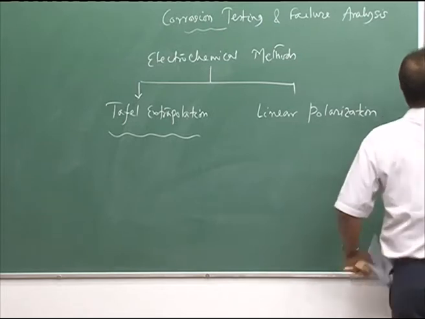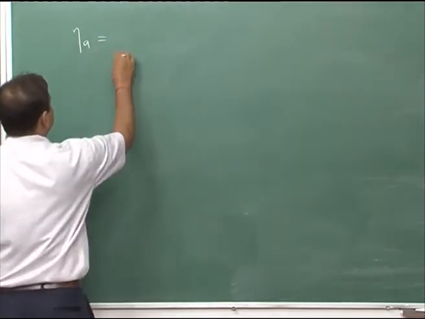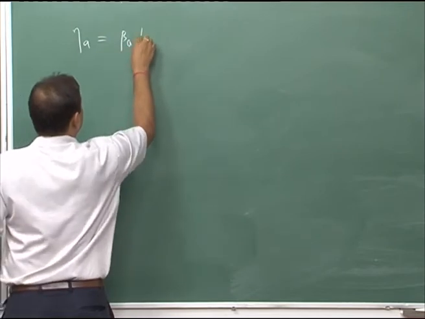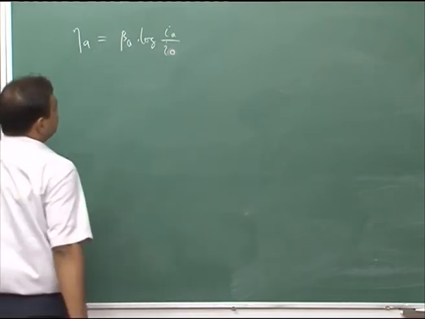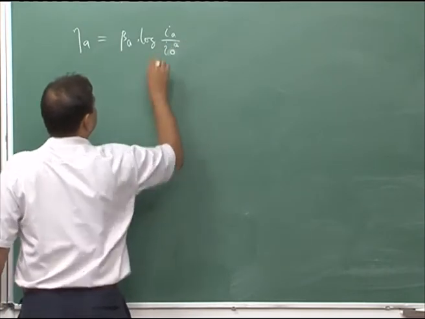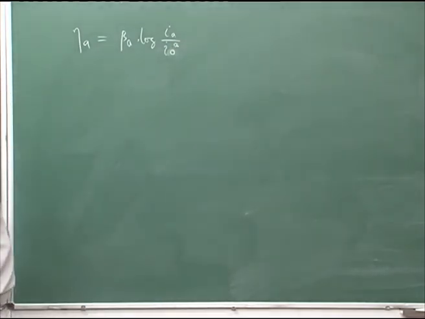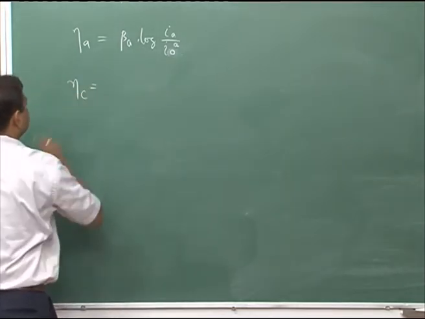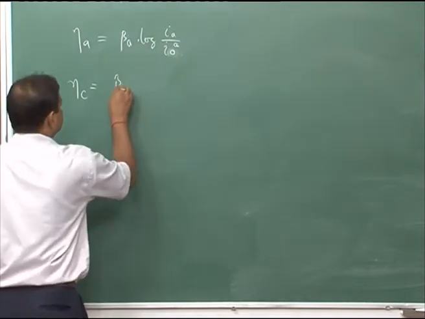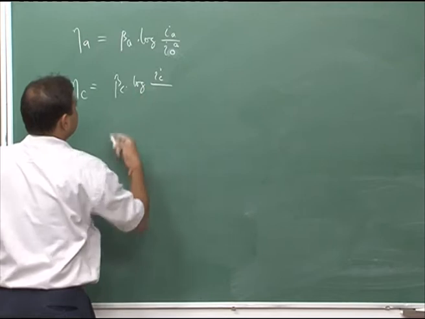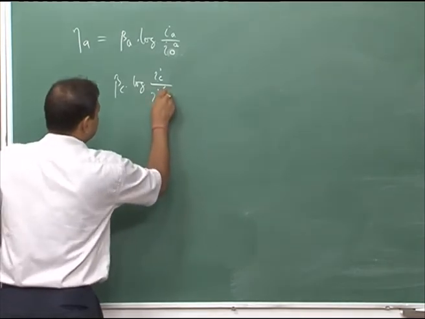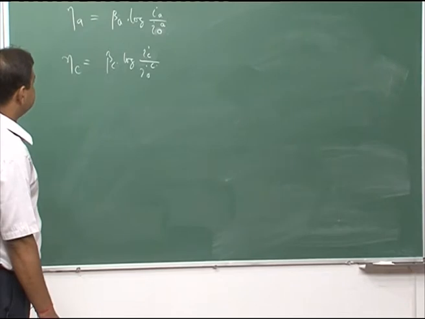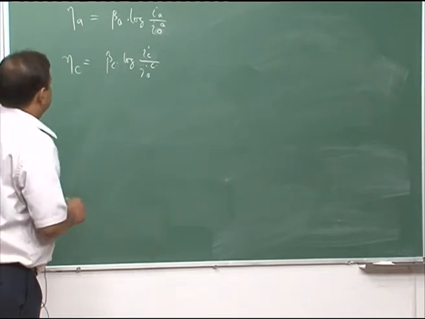We know these equations: the anodic overvoltage is equal to beta A log I A over I 0 for the anodic reaction, and then we have the cathodic overvoltage, which is beta C log I C over I 0 C, where I C is the current density corresponding to the cathodic reaction and I 0 C is the exchange current density of the cathodic reaction on the metal surface.